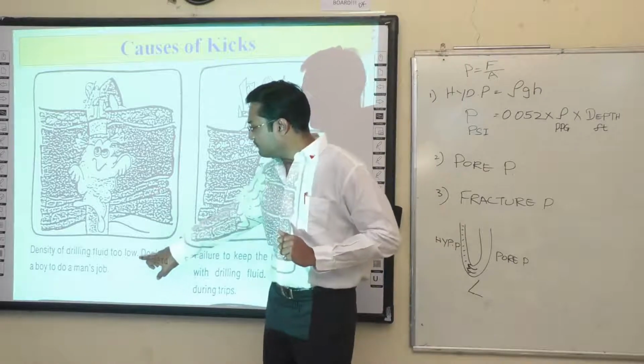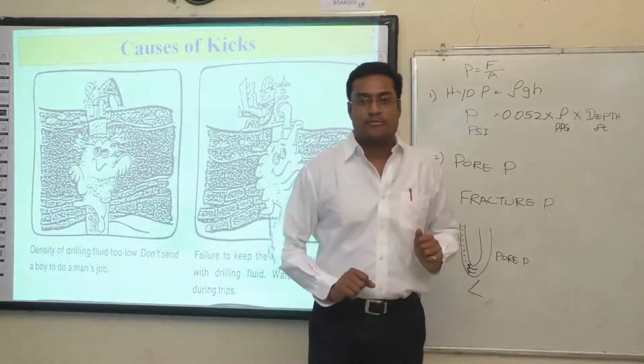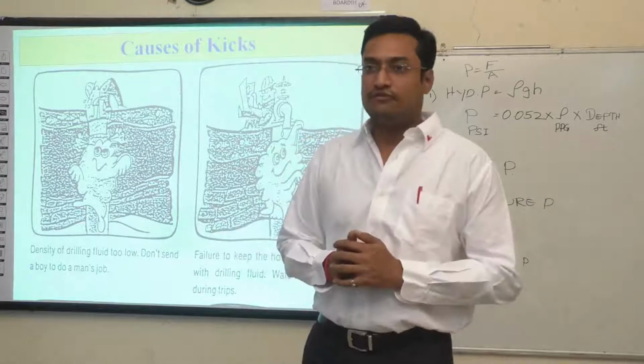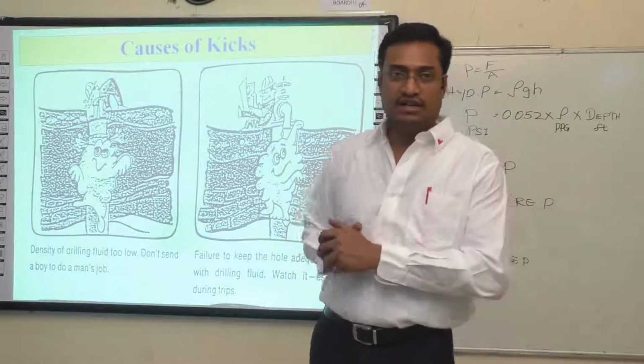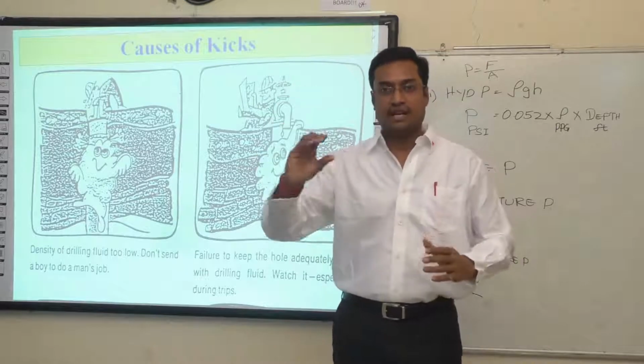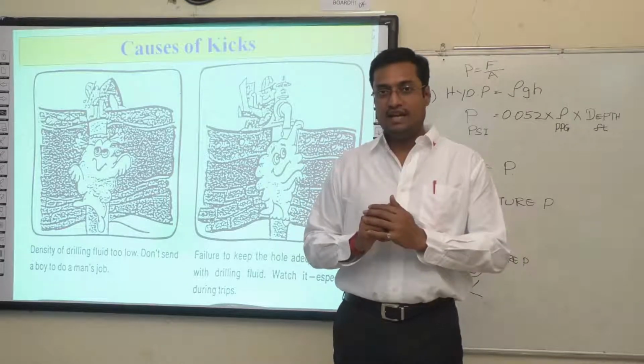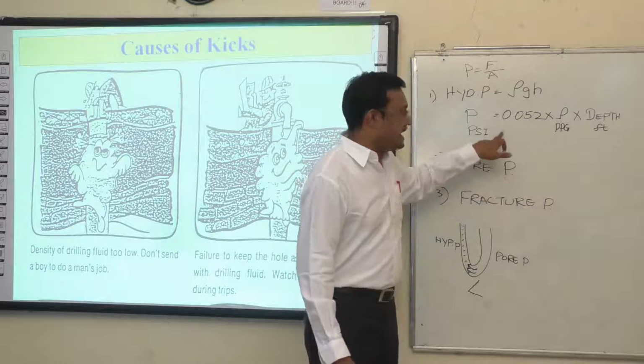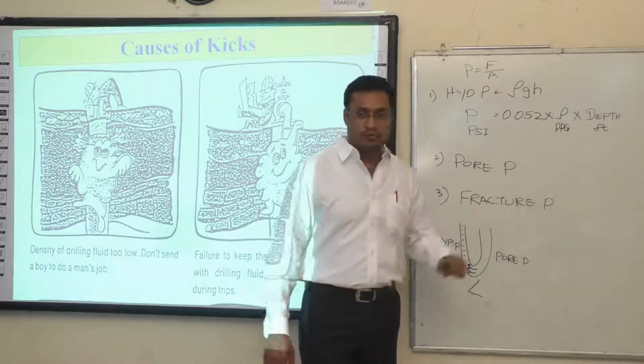The density of the drilling fluid is too low. Instead of using a 9 ppg fluid, if you use an 8.8 ppg fluid, that means a drilling fluid of lower density, it will not give the required hydrostatic pressure to control the pore pressure.